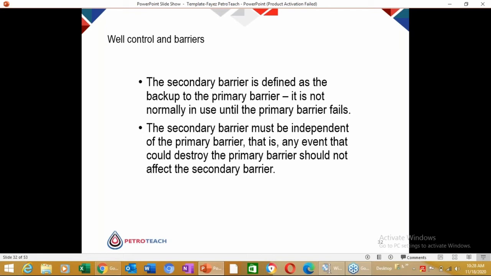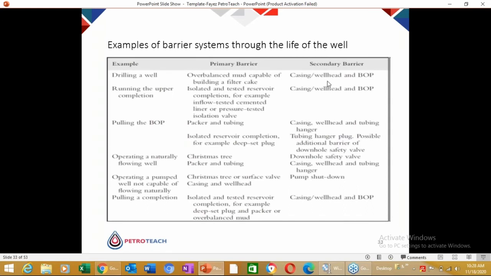As some examples, here, drilling a well. The primary barrier here is the overbalanced mud, which we nominate the hydrostatic head. And the secondary barrier is the secondary well head and BOP. Another here, running the upper completion.